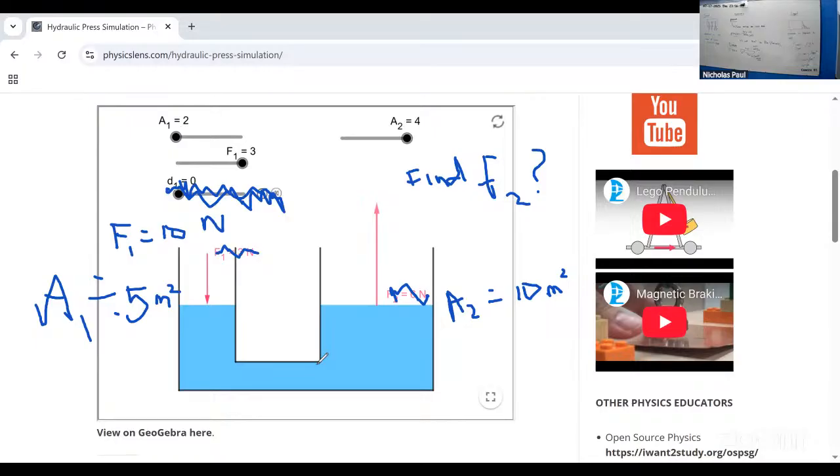Much larger, right? Once you get it, any answers? Not yet.